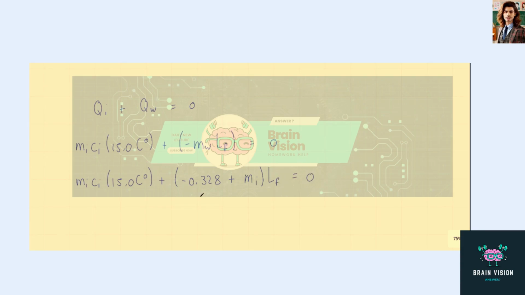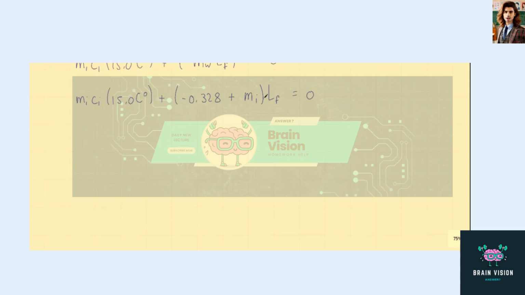So as you can see, we have one equation with one unknown, since we know the specific heat capacity for ice and we know the latent heat of fusion for water, or water becoming ice. So if we rearrange this equation, we can solve for Mi as required.